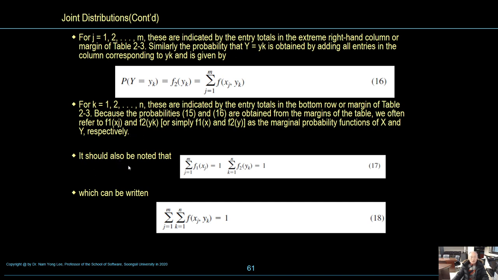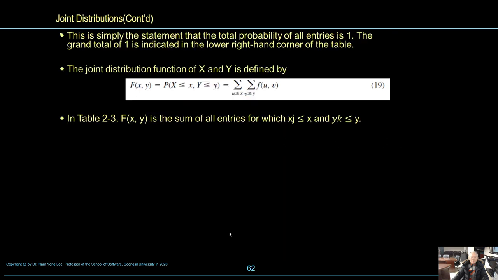It should also be noted that the sum of f1(x) is equal to 1 and the sum of f2(y) is equal to 1, which can be written as formula 18, the double summation of f(x, y) equal to 1. This is simply the statement that the total probability of all entries is 1. The grand total of 1 is indicated in the lower right-hand corner of the table.